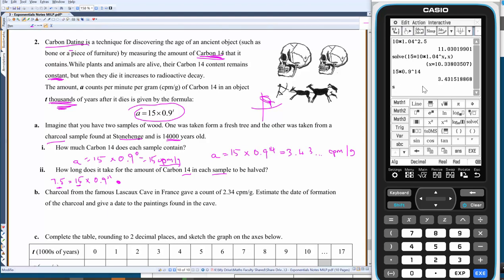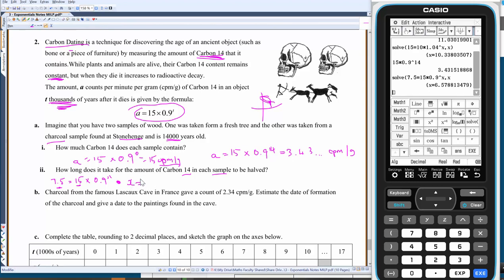So again, we're going to jump into solve: 7.5 equals 15 multiplied by 0.9 to the power of x, for x. And we're going to say that x equals 6.57881 dot dot dot.